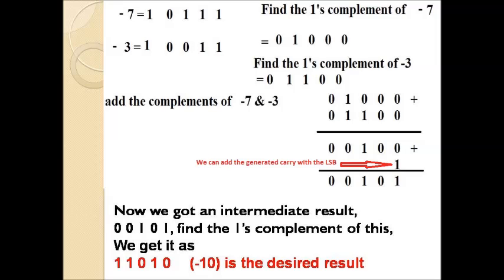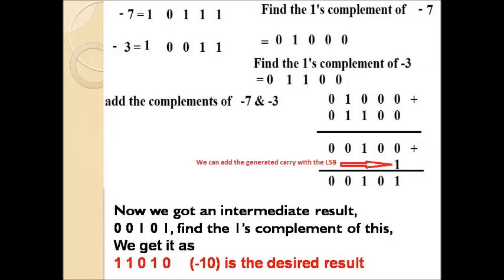So you will be getting 0 0 1 0 1. Now we can see that 0 0 1 0 1 is the intermediate result. So we have to find the ones complement of the intermediate result, and the decimal equivalent of the ones complement of the intermediate result is equal to minus 10. So that is the desired result.